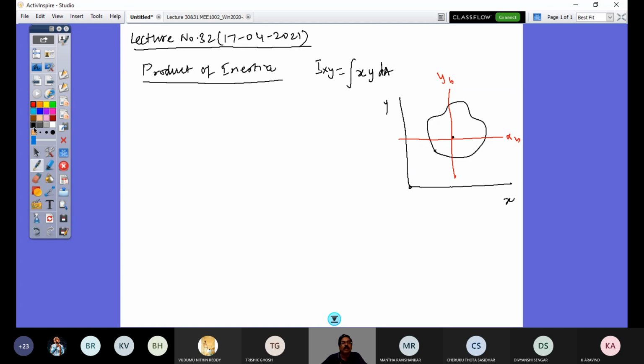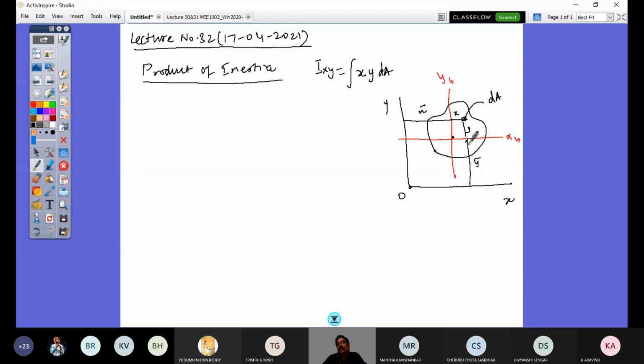I have an elemental area defined here, which is dA. This dA is given by x comma y with respect to the centroidal axes, whereas the centroidal axes are defined with respect to the given reference OX, OY axes by x bar and y bar.